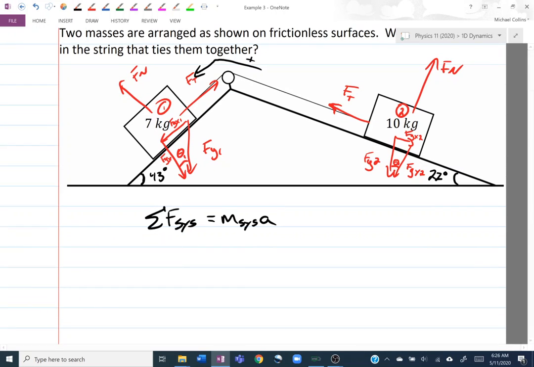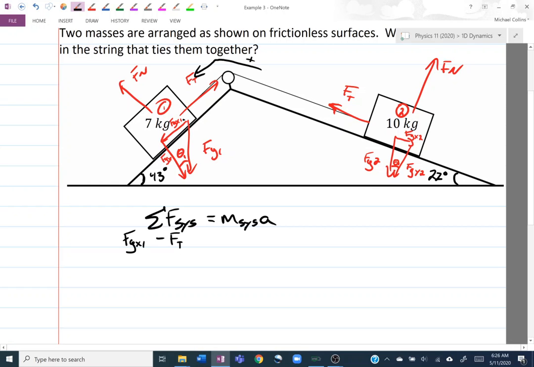I'm going to look at the forces that pull it left and right, and I'm going to start at the left-hand side on box 1. On box 1 to the left, I have a force due to gravity, just the x component pulling it down the ramp, and I have Ft that's going to be slowing it down. So I've got a positive Fgx1 minus Ft, and those are the only two forces in the plane of motion on box 1.